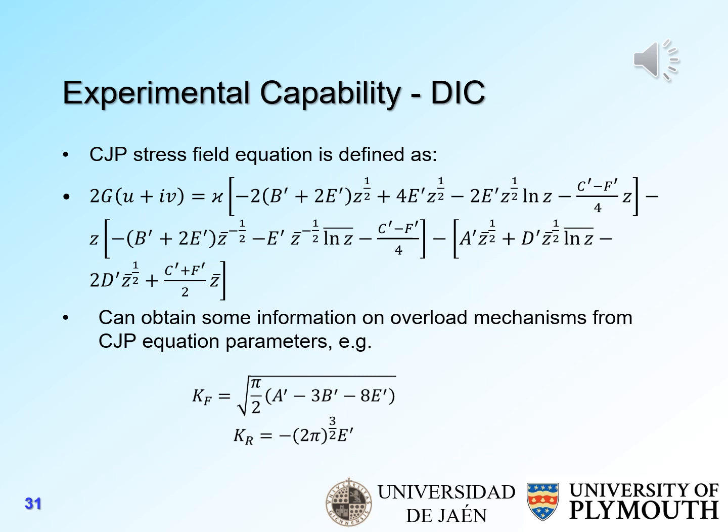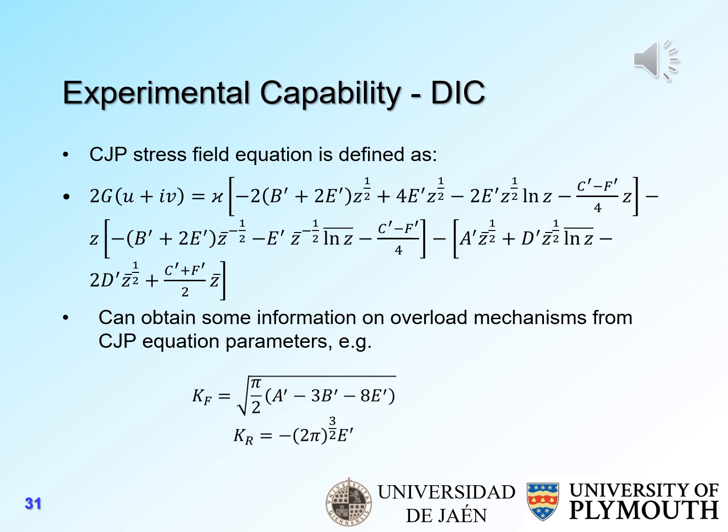This slide illustrates how the CJP stress field equation will give you some insights into the underlying physical mechanisms, but it is mathematically complex to identify which parts of the forces give you which influences.